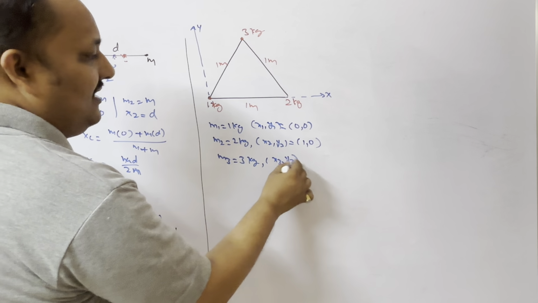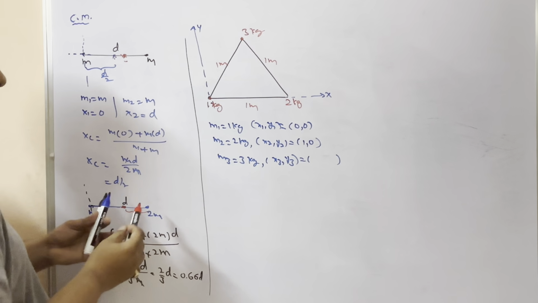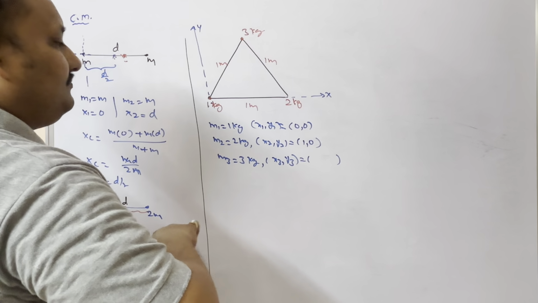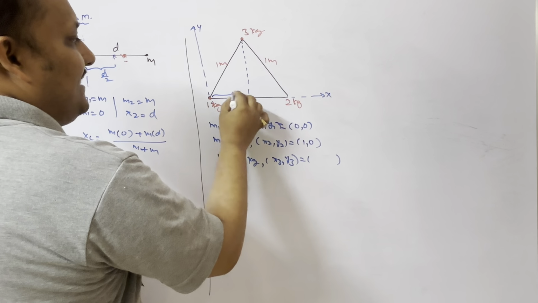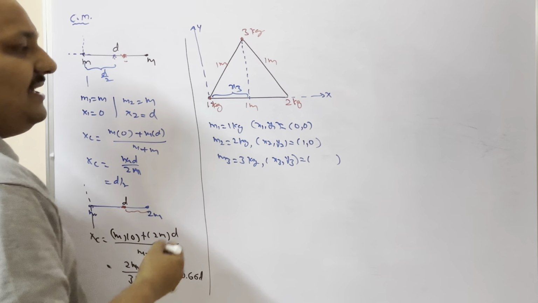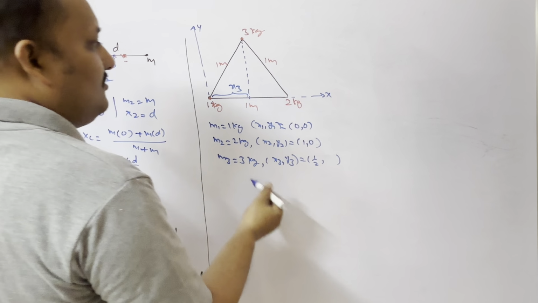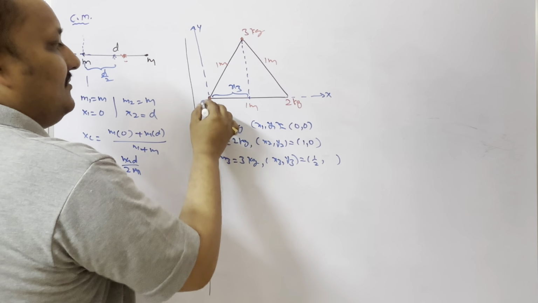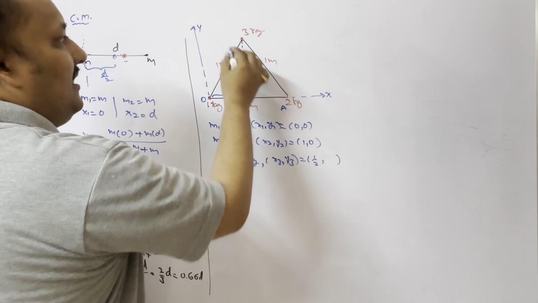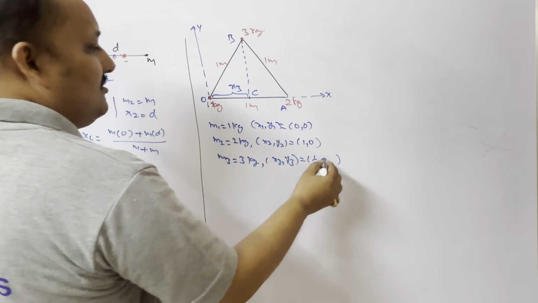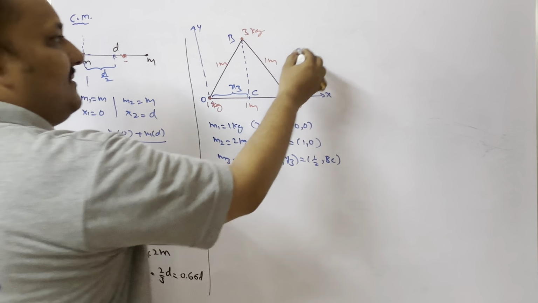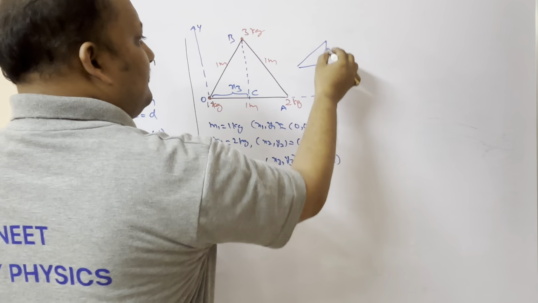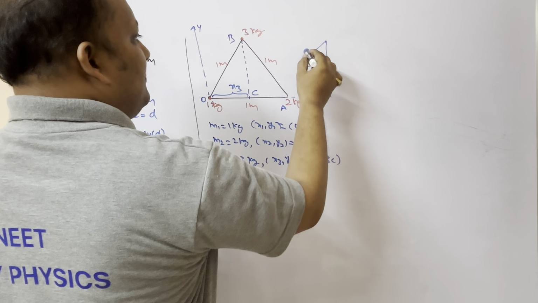m3 is equal to 3 kg. What is x3? This one, so x3 is going to be 1 by 2. Now this is going to be y3. If you take O, A, B, C, then BC is going to be y3. How will you calculate BC? From this triangle, this side is 1 by 2, this is 1.